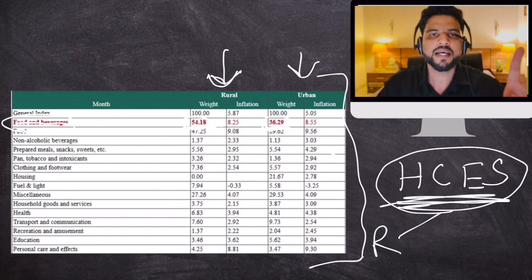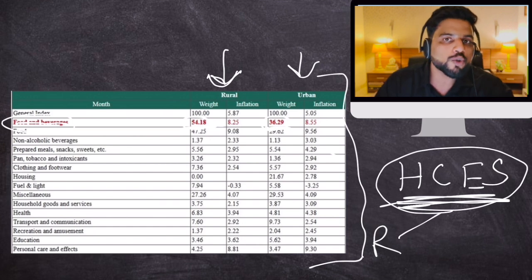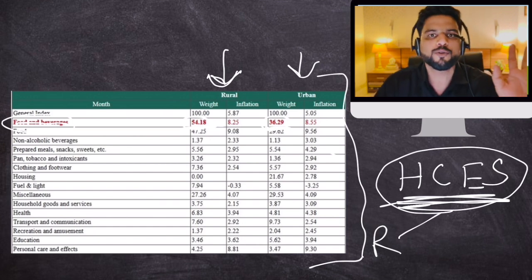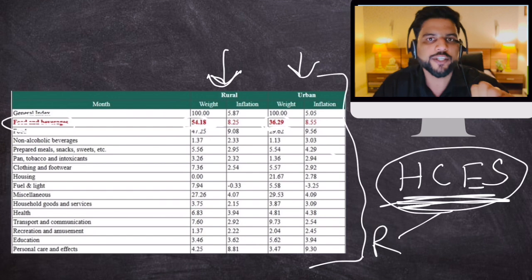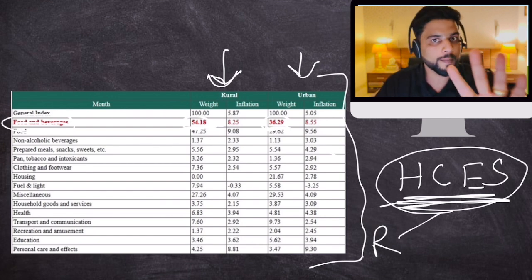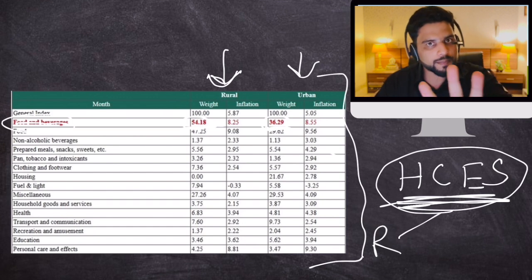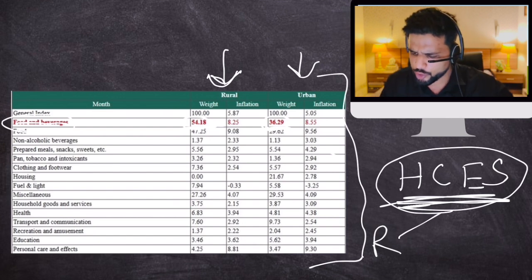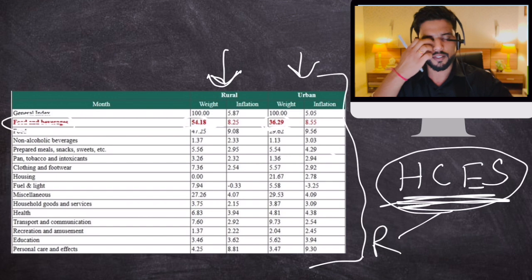The weightage of food and beverages categories is higher in rural households as compared to urban households, and that is why food inflation impacts rural households more than urban households. Just keep this fact in mind because an MCQ might be constructed out of it. That's all you need to know as far as this news item is concerned.